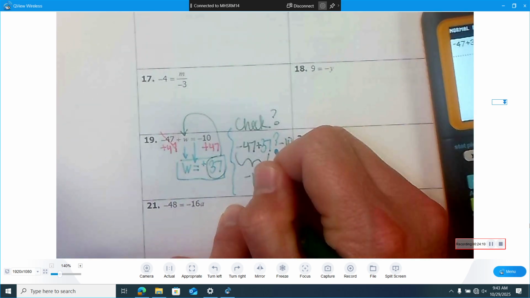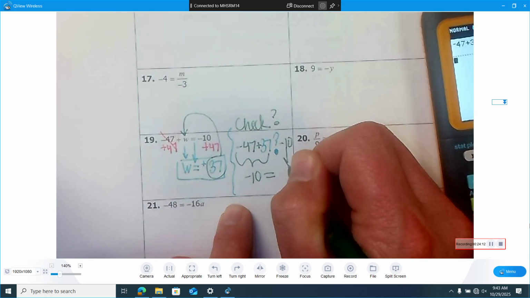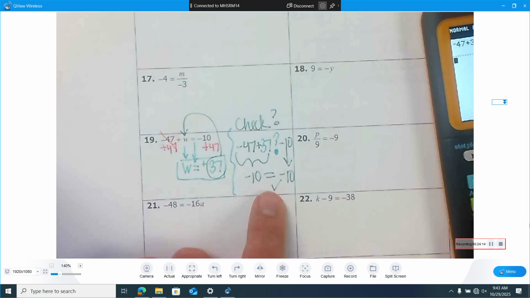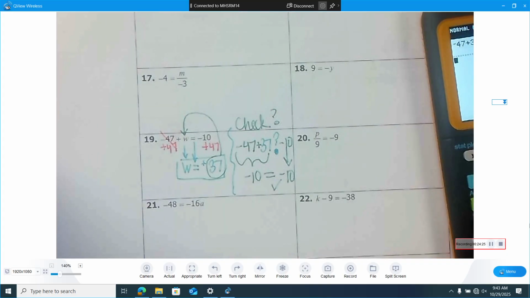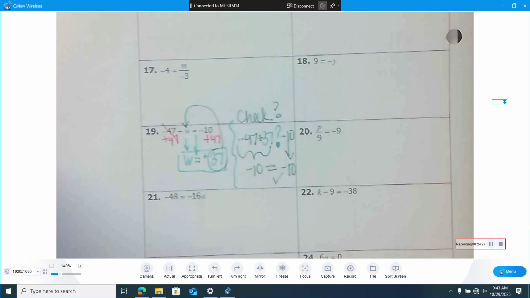So this is negative 10 equals that right-hand side. So we were balanced. All right? Our equation is balanced. So to check, all you have to do is take it back and plug it into the original. Okay? I always plug it into the original because it has no mistakes.